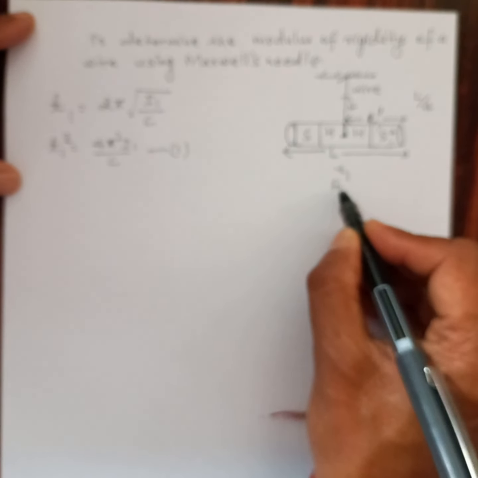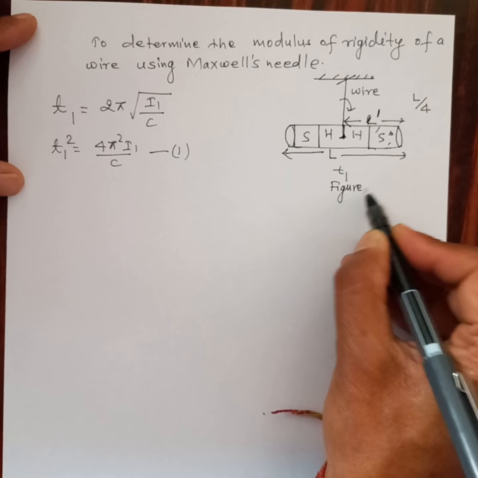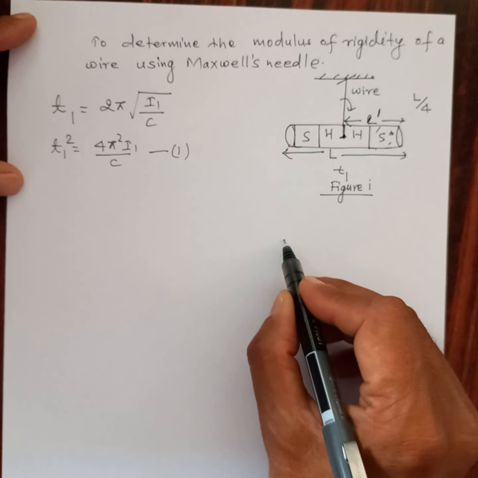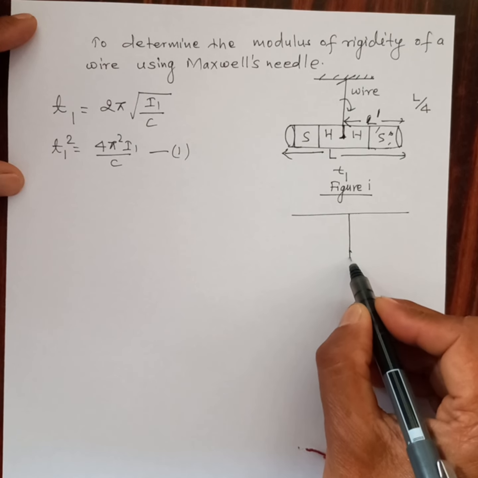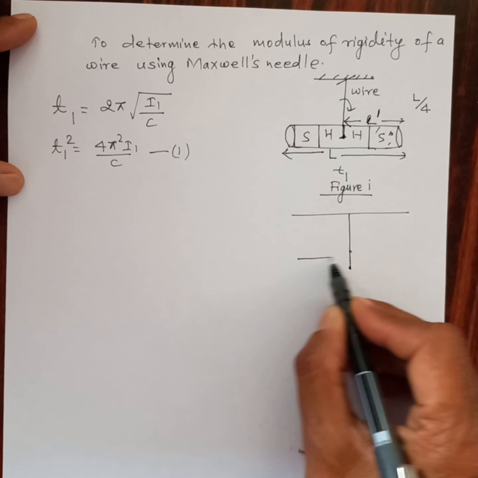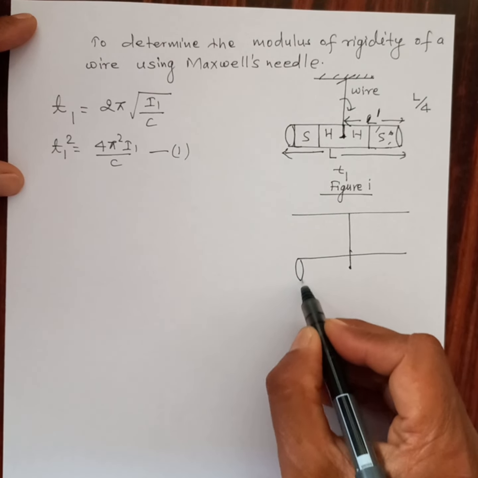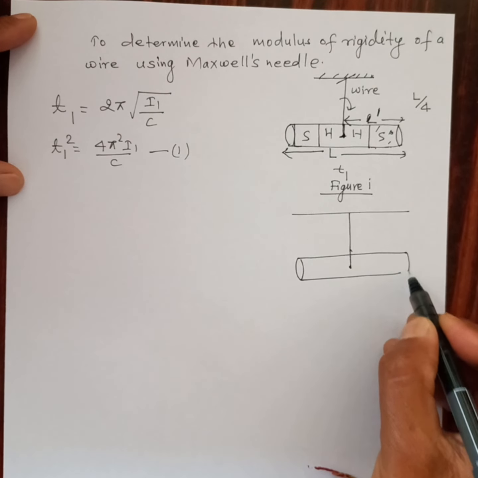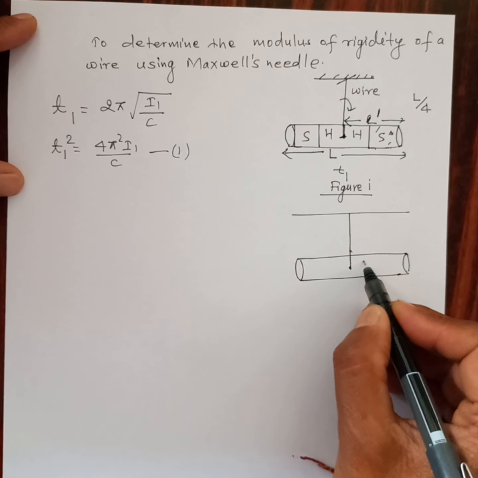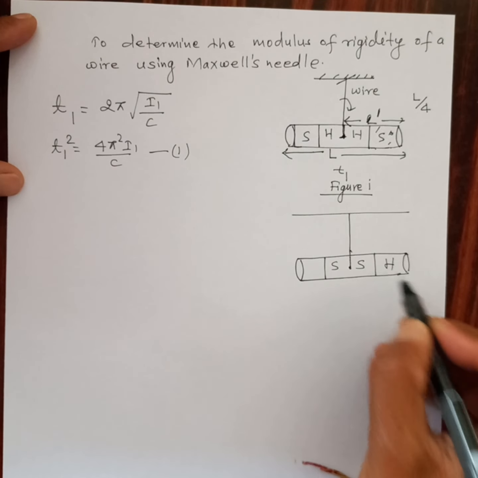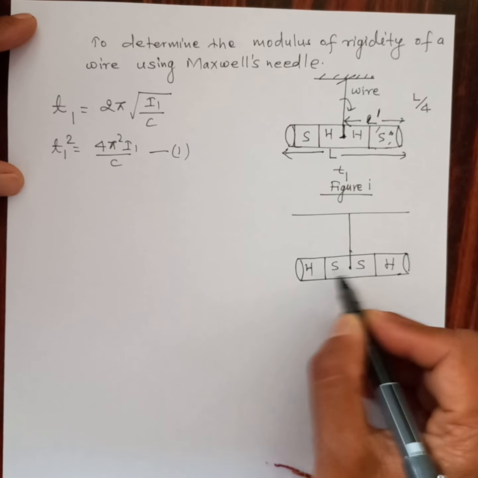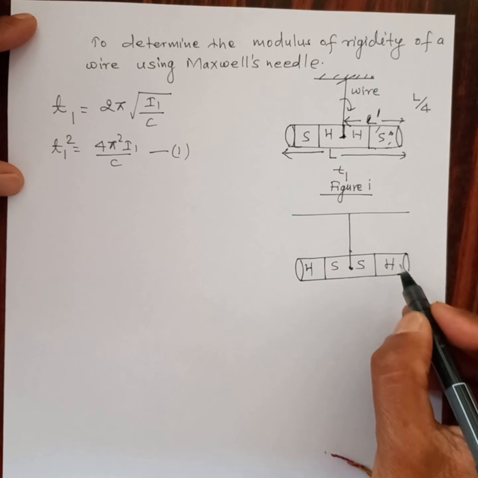Now this is figure number 1. In the second figure, we have to measure the time period by keeping the solid cylinders near the axis of rotation, that is near the experimental wire. And then the hollow cylinders are placed like this.